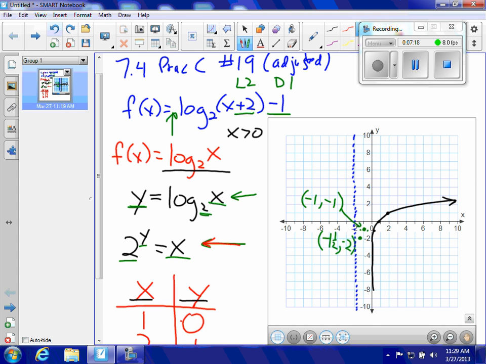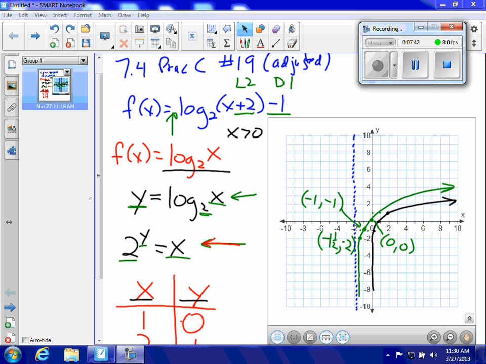I'm going to move left 2 and down 1. So now I'm at the origin, 0, 0. That's my third point. I know what the graph is supposed to look like, and I know I have my asymptote here, so I can draw in the graph just like that.